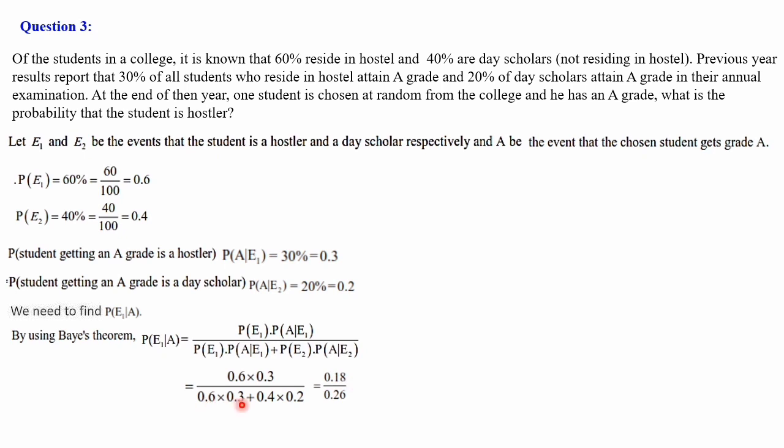Then 0.18 plus 0.08 is 0.26. That is equal to 18 divided by 26, multiplying numerator and denominator by 100. When we cancel the common term 2, that is 9 divided by 13. So the required probability is 9 by 13.